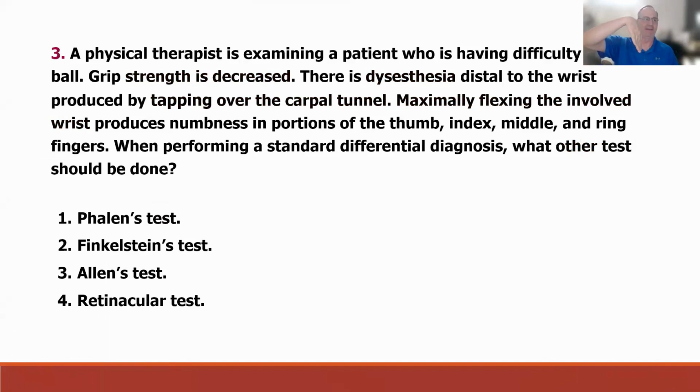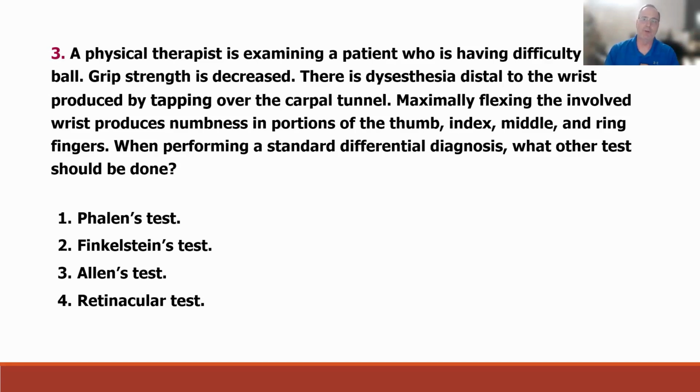So that's this, right? So maximally flexing the involved wrist produces numbness in portions of the thumb, index, middle, and ring fingers. So that's the median nerve distribution. But what is that test? What is that action? That is actually Phelan's test. We have already done Phelan's test. So Phelan's test is not going to be the correct answer on this one. We have done Tinel's and we have done Phelan's.